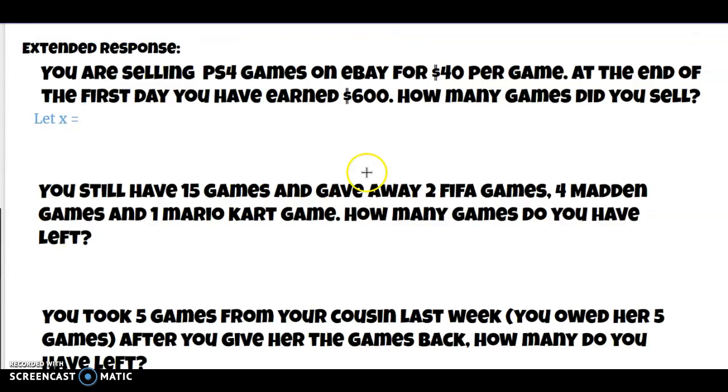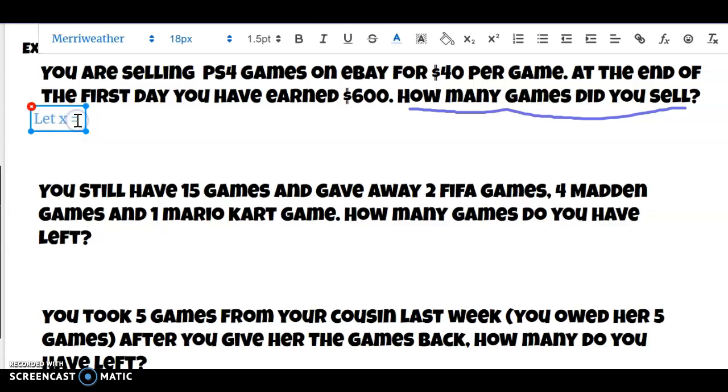Well, usually I find it in this last sentence here, where it says, how many games did you sell? That's what you're looking for, how many games. So when I go back to my text box up here, my let x statement will be the number of games sold.